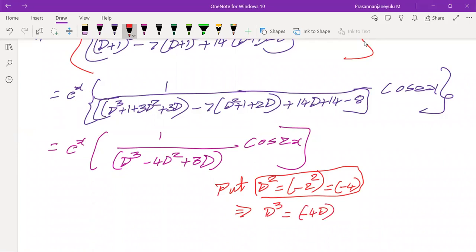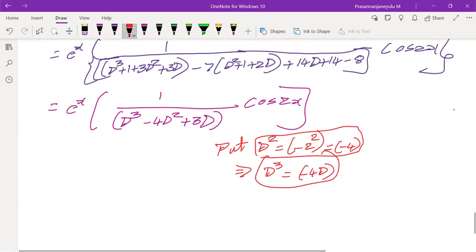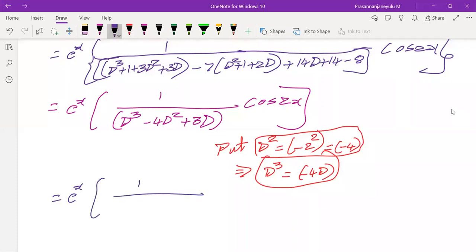Substituting these things in the denominator, we get e power x into 1 by d cube. In place of d cube, I am substituting minus 4d, plus minus 4 into the d square value, which is minus 4, plus 3d.